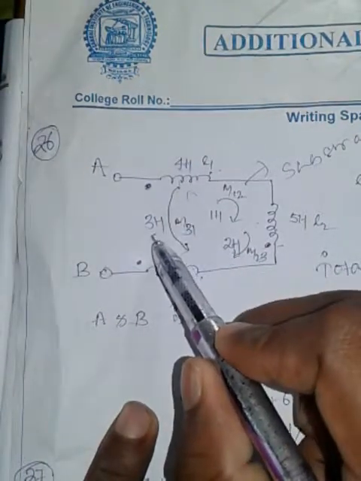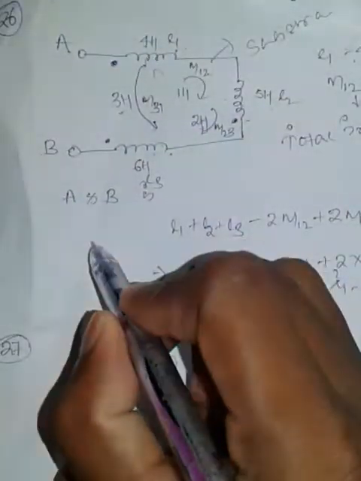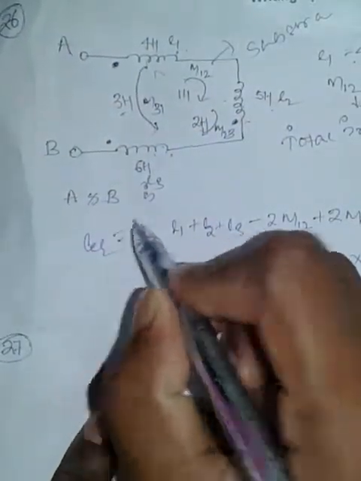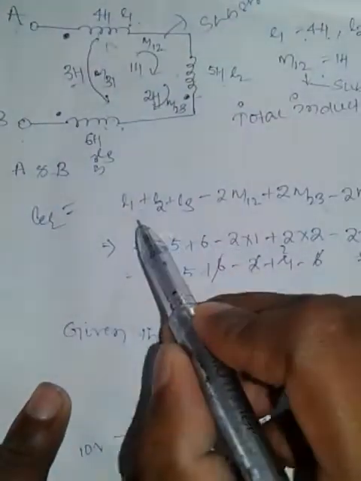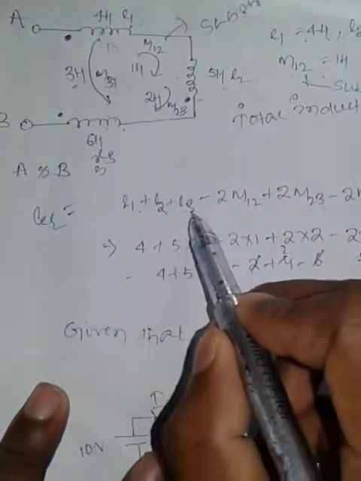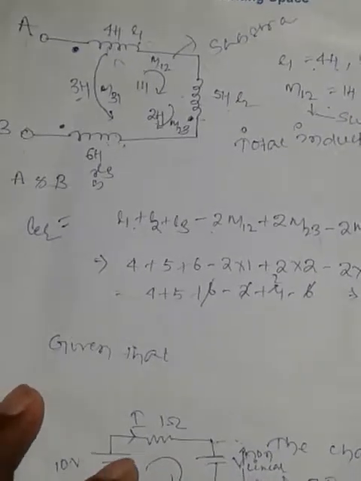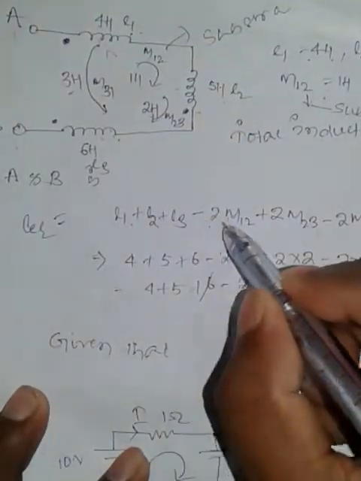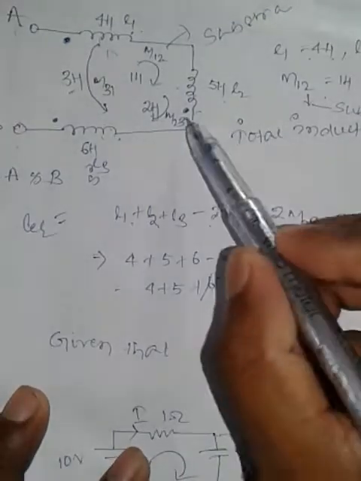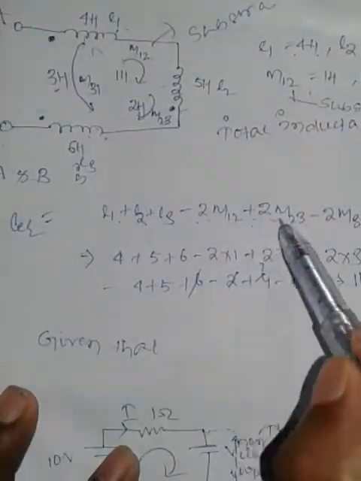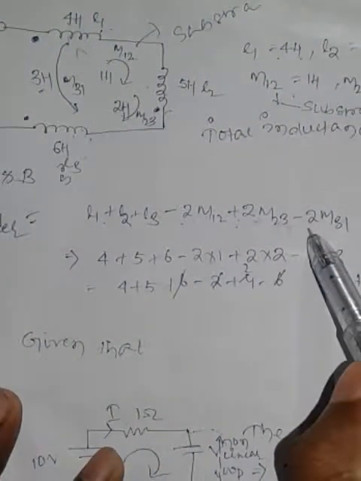So we can calculate the total equivalent inductance at terminals A and B as L1 plus L2 plus L3 minus 2 M12, because these two are opposite, plus 2 M23, additive in nature, minus 2 M31, subtractive in nature.